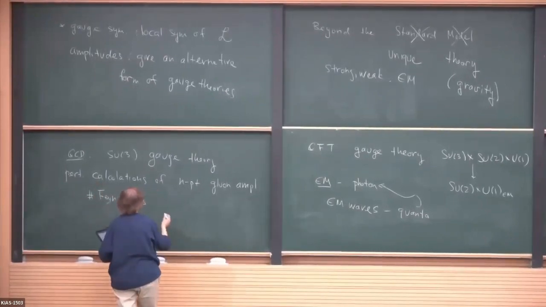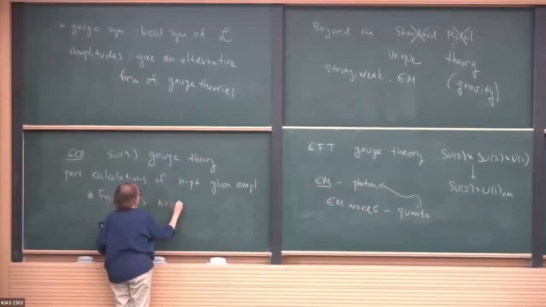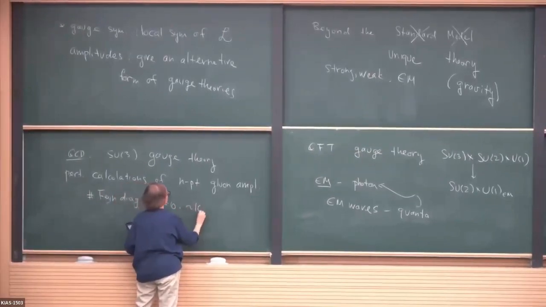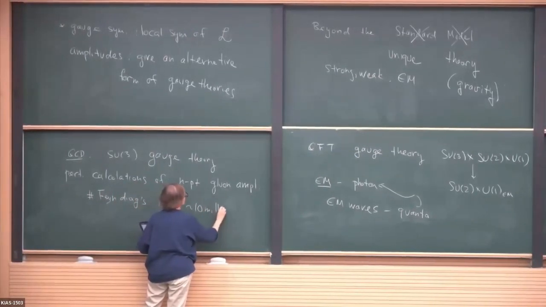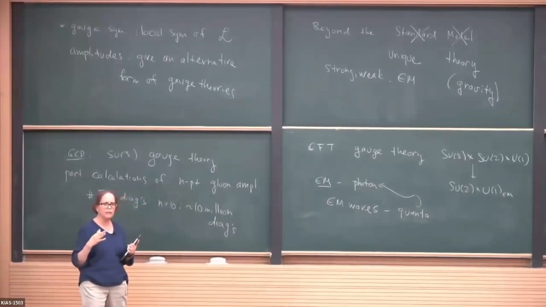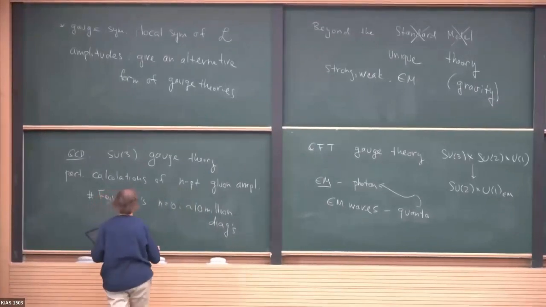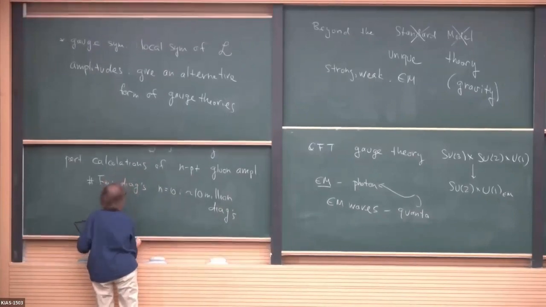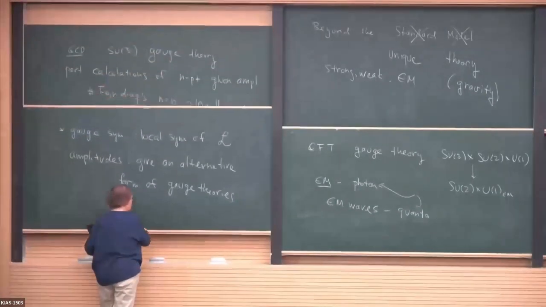So for n equals 10, there's about 10 million diagrams. But if you look at the sum of these diagrams, if you look at the amplitude itself, the end result is very, very simple. So how simple is it?